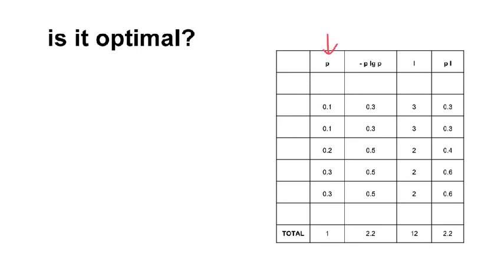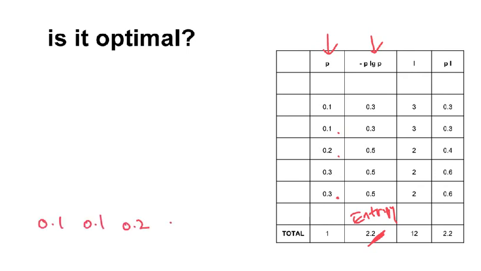And in this particular column, I calculate the entropy. All right, so the total value for the entropy here is 2.2. Now let's work out the tree for this example. So 0.1, 0.1, 0.2, 0.3, and 0.3.